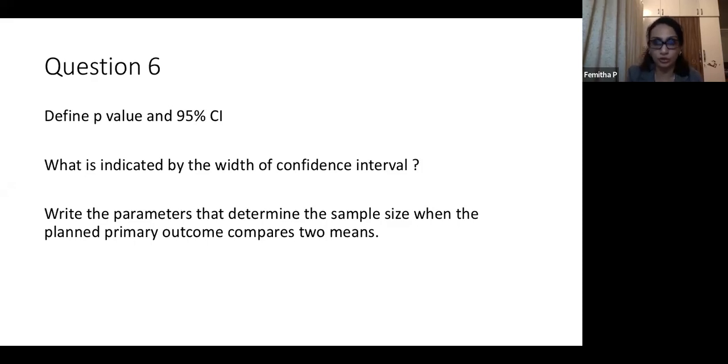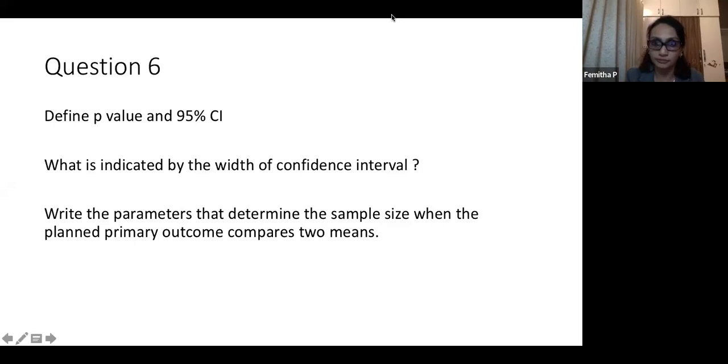So I've given you the question here that it is two means. So one is the difference between the two means, that's effect size, then standard deviation. You also need your alpha error and beta error. So if you don't know the answer, you can tell alpha error and beta error for any sample size calculation.